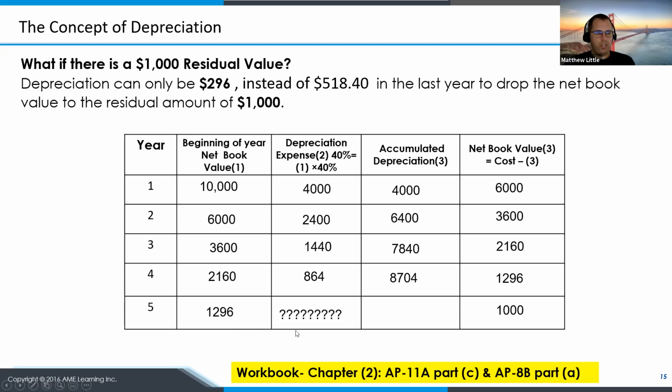Our depreciation expense in the final year wouldn't be 40% of $1,296 because that would drop our net book value below 1,000, and therefore would only be $296, resulting in an accumulated of 9,000. So that's where residual comes into play for double declining balance as an example. It's the same for declining balance.